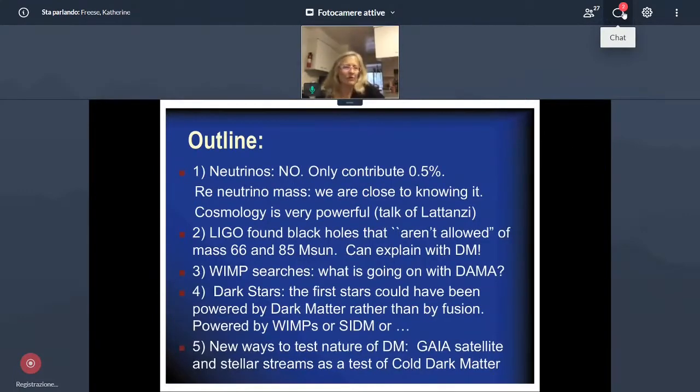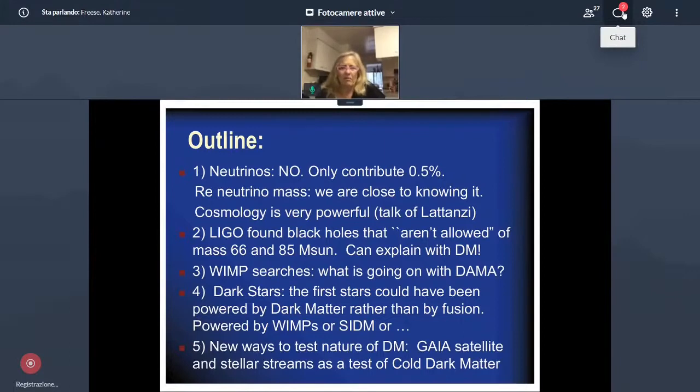So I have too many things in my outline. Originally, I was going to talk about neutrinos as dark matter, but Massi gave a wonderful talk on neutrinos, so I don't have to do that. I'm going to just have 2 slides on neutrinos. And then after that, I'm going to go to some new interesting results from LIGO on black holes that other people are also talking about, but in particular, what dark matter might have to do with that.